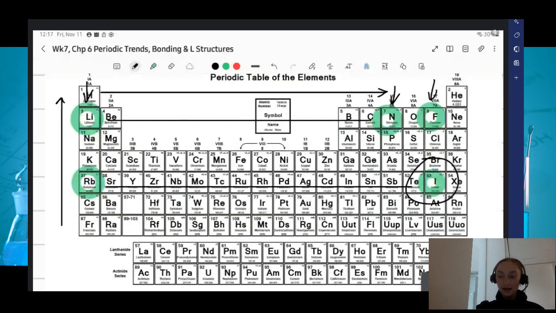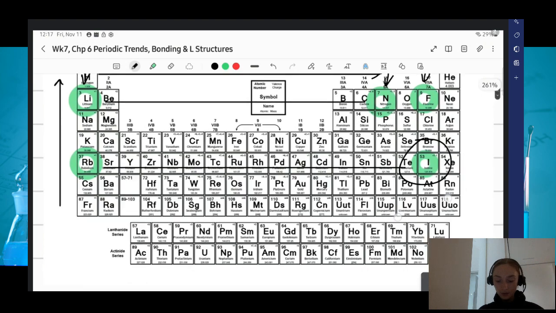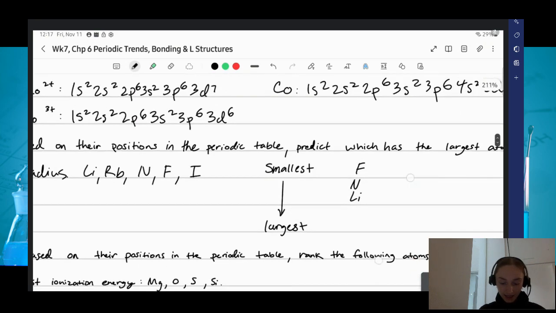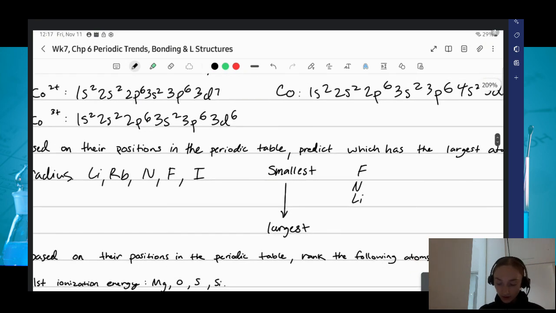And so that is what we have for the rest of our atom sizes here. So it's going to be fluorine, nitrogen, lithium, iodine, and rubidium. So 1, 2, 3, 4, 5. So that is our final answer for this problem.